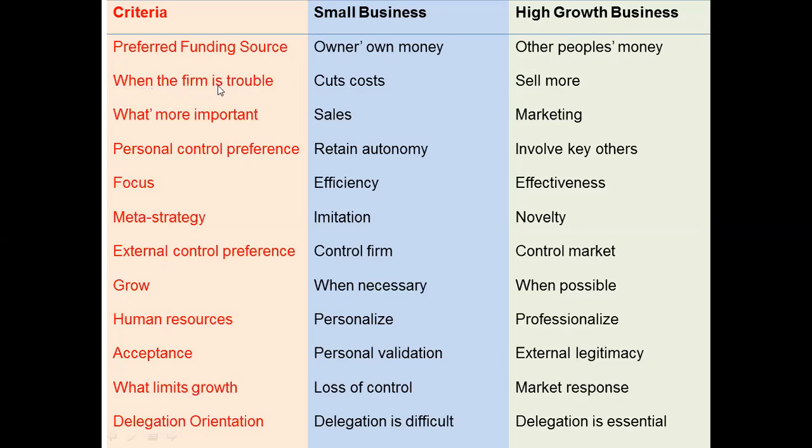When the firm is in trouble, the small business cuts costs, but high growth businesses sell more. Then what's more important? Sales are more important for the small businesses, whereas marketing is very important for the high growth businesses. Because when you are running a small business, it's not that a lot of marketing is involved.